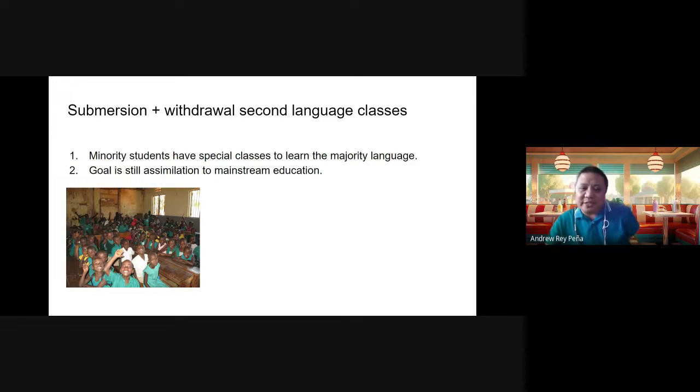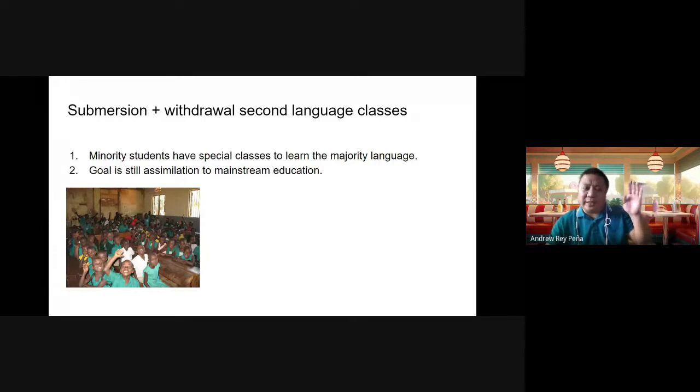The purpose of this type of program is to facilitate the acquisition of the majority language for the minority speakers, with little consideration paid to the education of the language minority student. So as soon as the students become bilingual, the instruction stops.